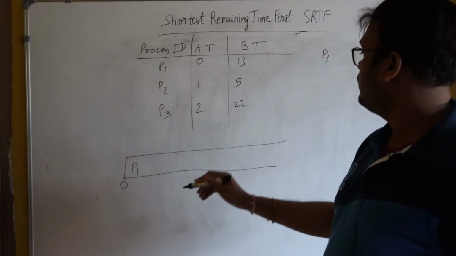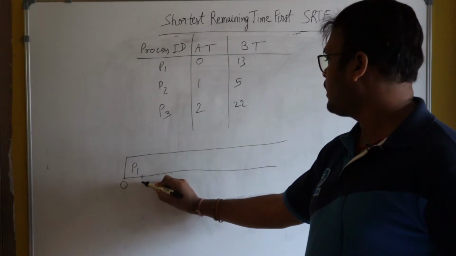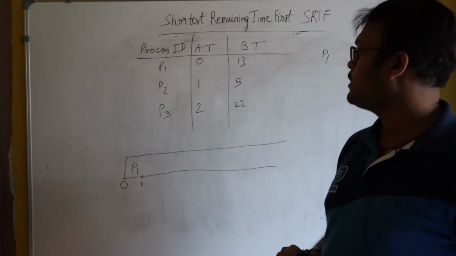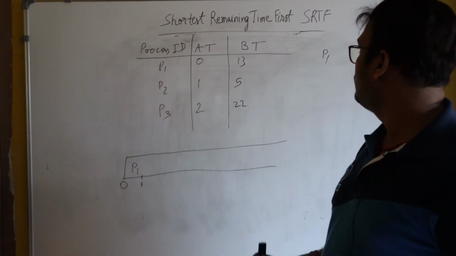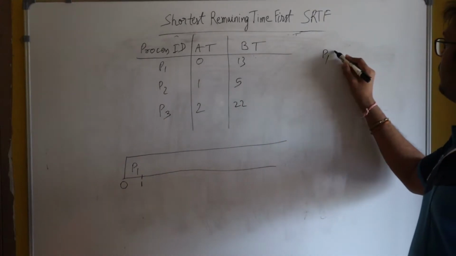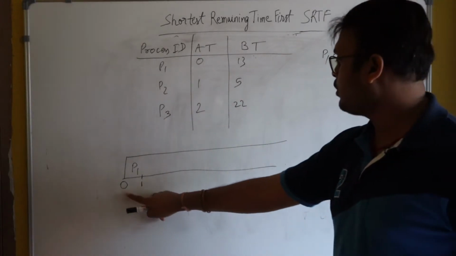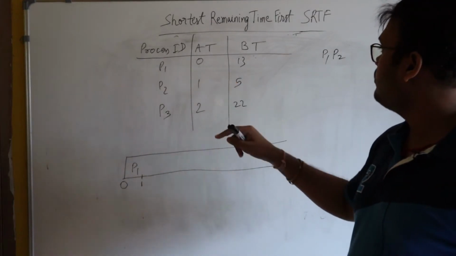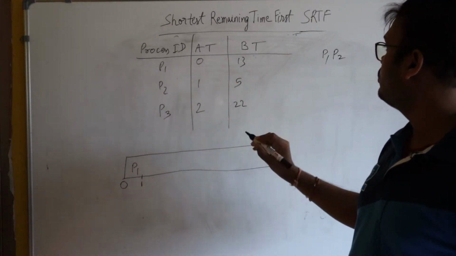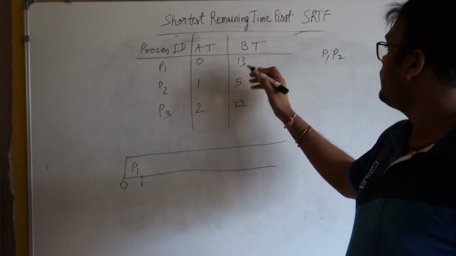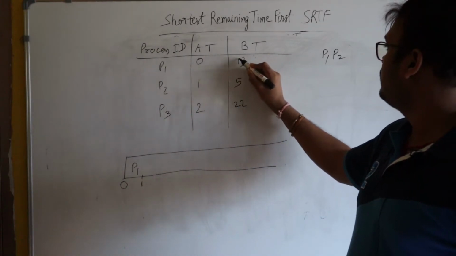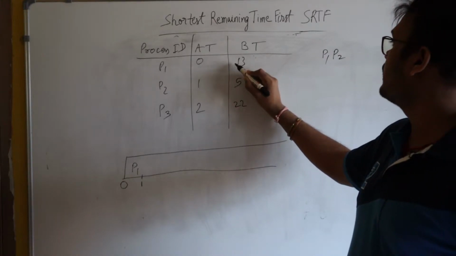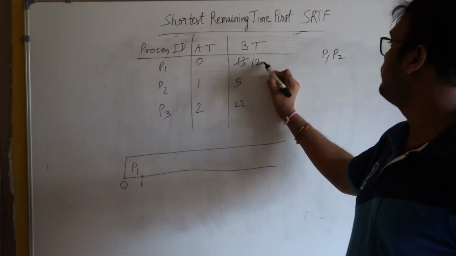After 1 second, how many processes are available? P2 as well, so P1 and P2 are there from 0 to 1. Since P1 has executed for 1 second, how much time is left for P1? Out of 13 seconds, it has already executed 1 second, so P1 has 12 seconds left.